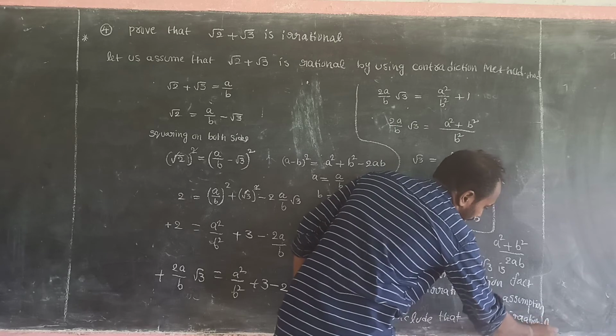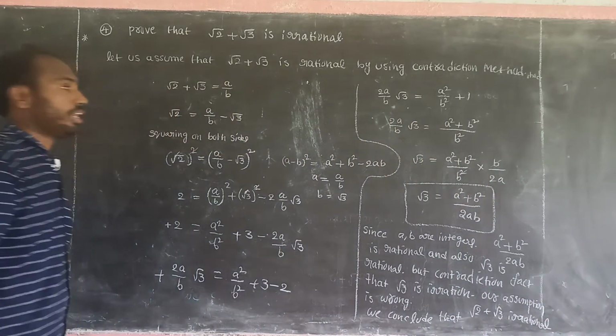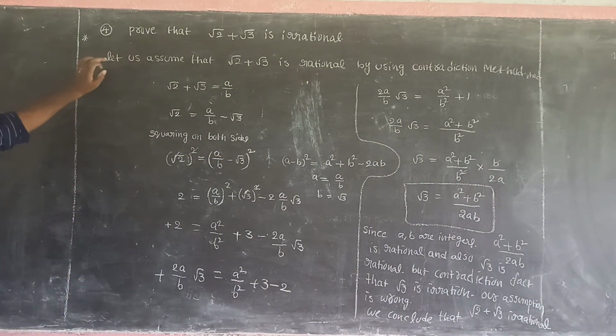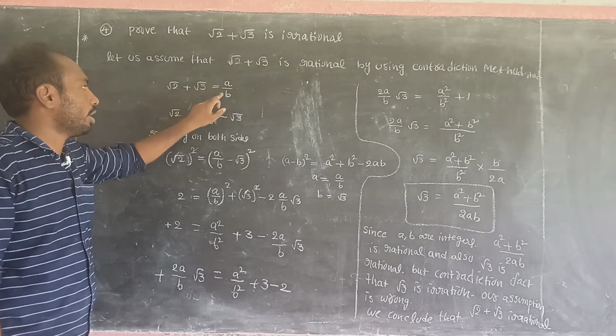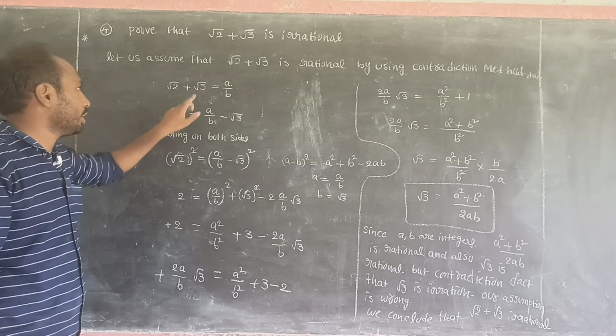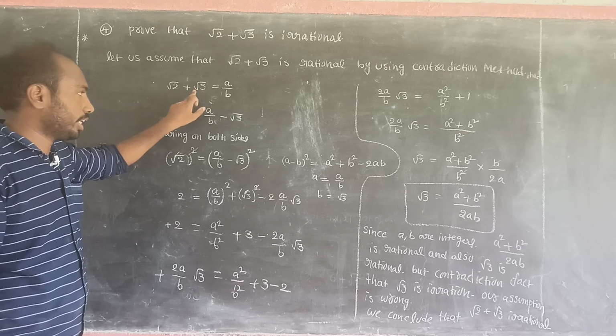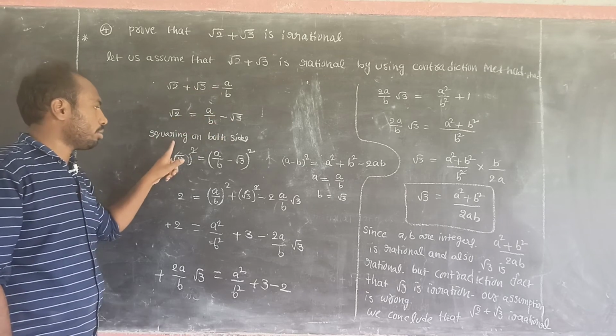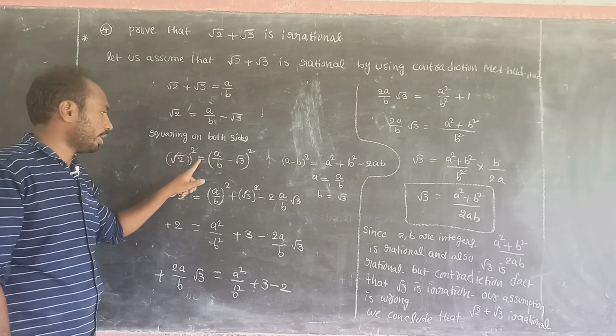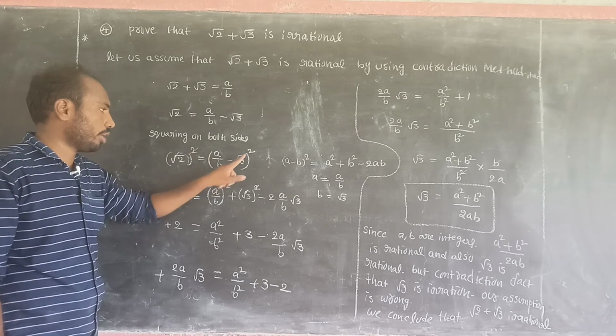Very most important. Let us assume that root 2 plus root 3 is rational by using the contradiction method. Root 2 plus root 3 is equal to a by b. Root 2 is equal to a by b minus root 3, transposing root 3 to the right side. Squaring on both sides, root 2 whole square is equal to (a by b minus root 3) whole square.